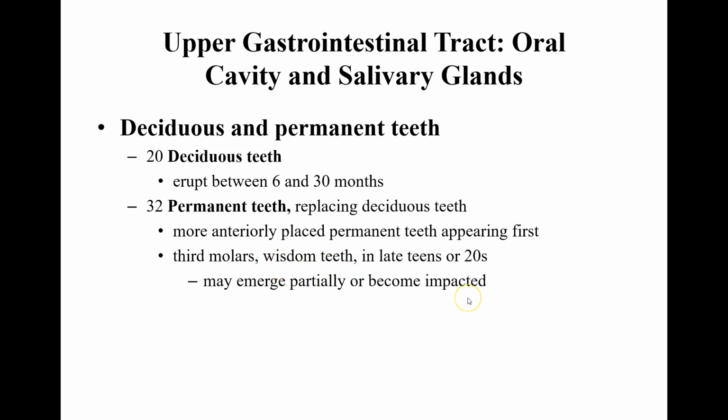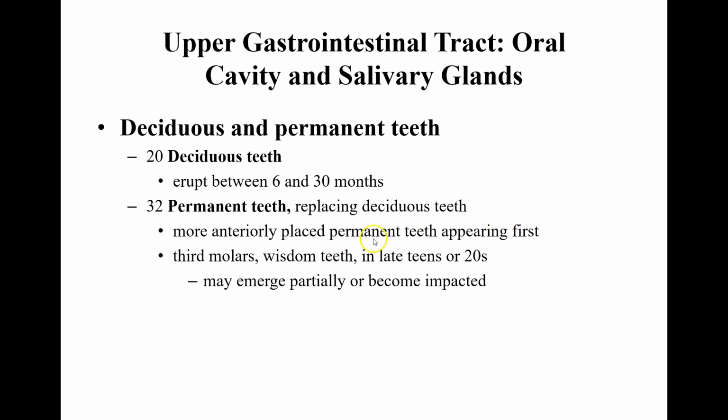They are not able to break through that bone, or they're going to damage other teeth, and then they have to be pulled. Some people do have wisdom teeth that come in just fine, and some people are born without any wisdom teeth.